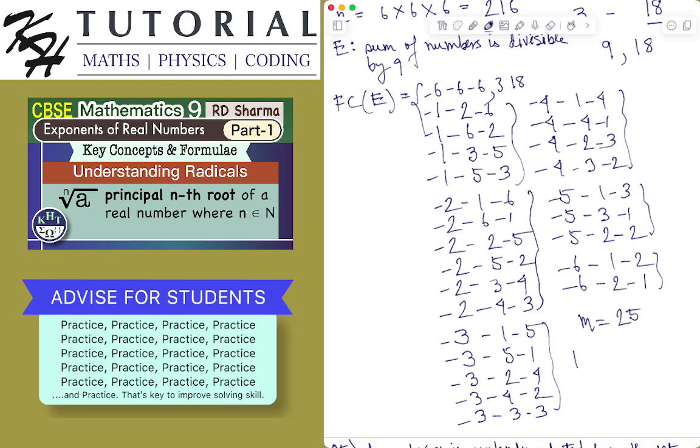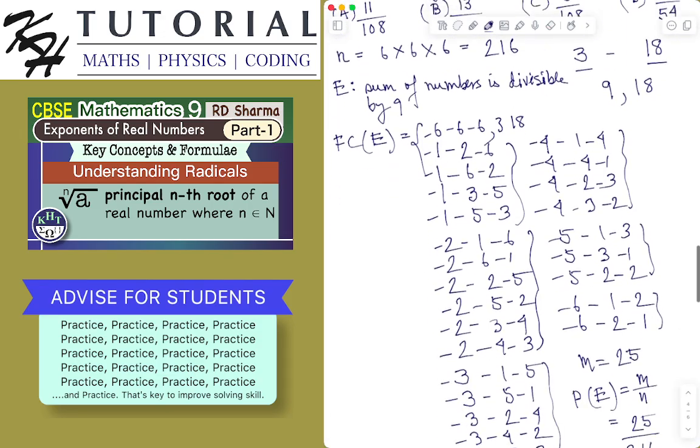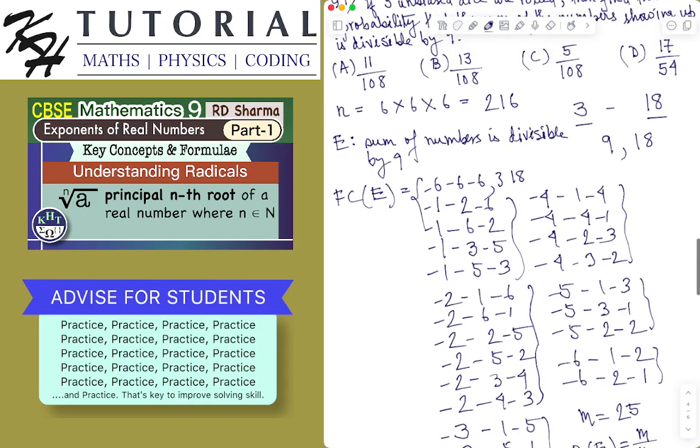So then the probability of the event E will be equal to M by N, which is 25 by 216, because N is 216. The total number of outcomes when 3 dice are rolled at the same time is 216. So 25 by 216 should be the answer, and it is not matching.